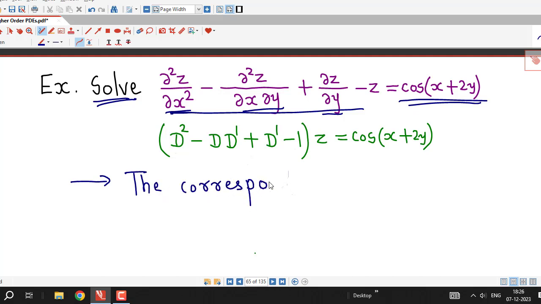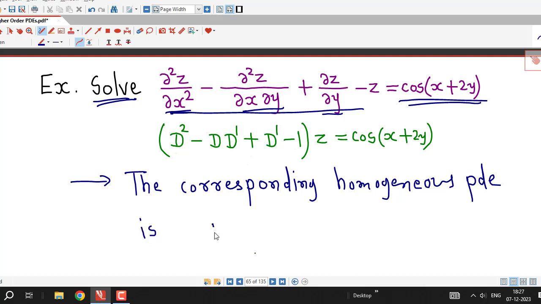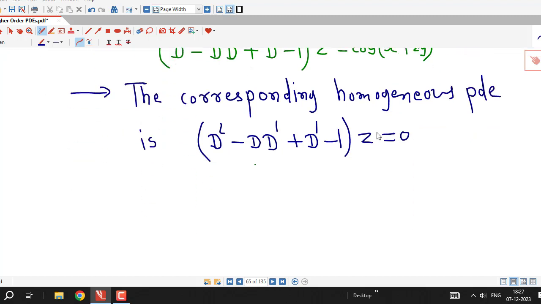So we write in this way: the corresponding homogeneous partial differential equation is (D square minus D D dash plus D dash minus 1) z equal to 0, and we know how to solve the homogeneous PDE. So for that we concentrate on the function of D and D dash. Here we can see this is a non-homogeneous function of D and D dash.